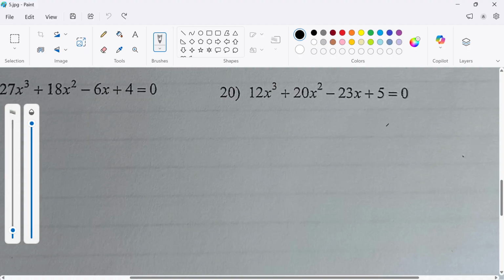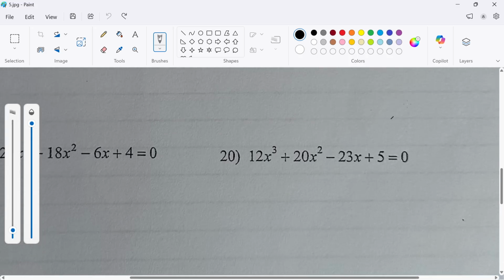find our potential roots, test them with synthetic division, and then once I find a root, then hopefully I can handle whatever the reduced polynomial is. So the rational roots theorem: take whatever the constant is, 5, and it's plus or minus all the factors of 5, so just 5 and 1, divided by all the factors of the leading coefficient, the one on the x with the highest power.